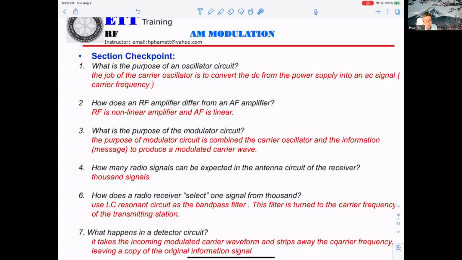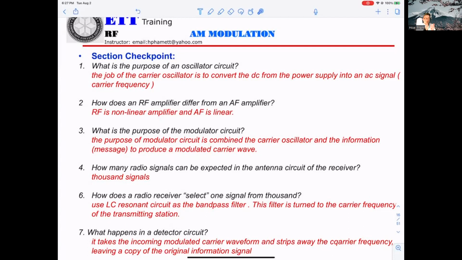Okay, what happens in a detector circuit? It takes the incoming modulated carrier waveform and strips away the carrier. That's a typo, okay? Carrier frequency, leaving a copy of the signal information.